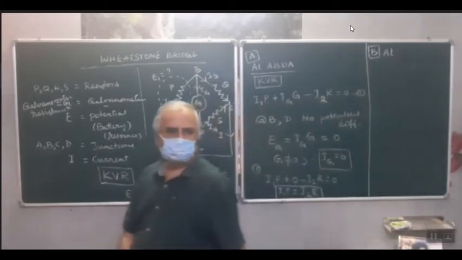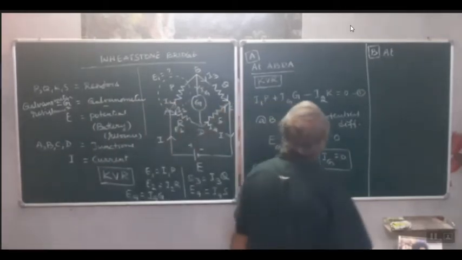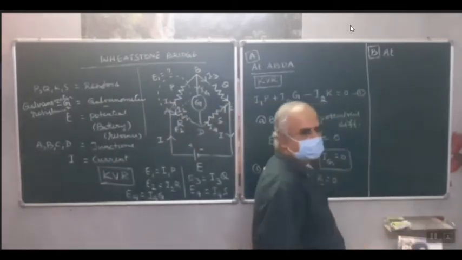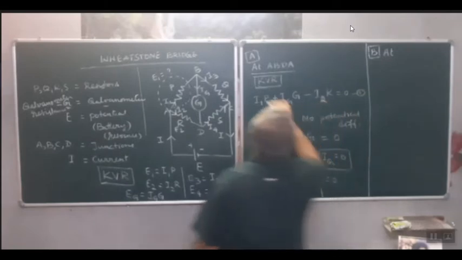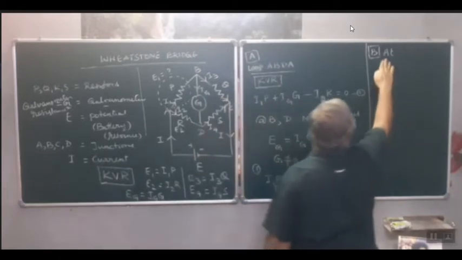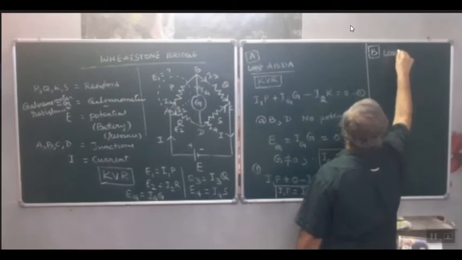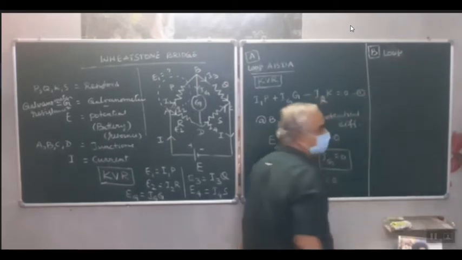Now let us proceed with the rectangular loop, that is A, B, C, D, A. Let us call it loop ABDA, and the other one is loop ABCDA.